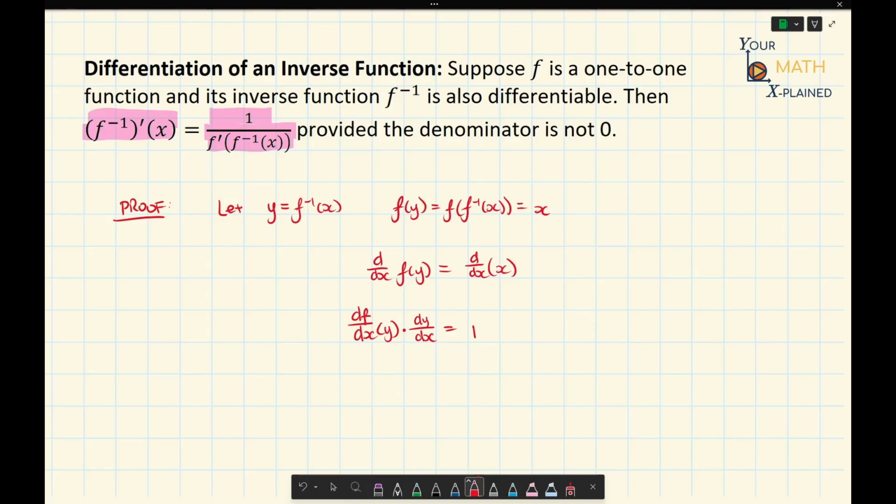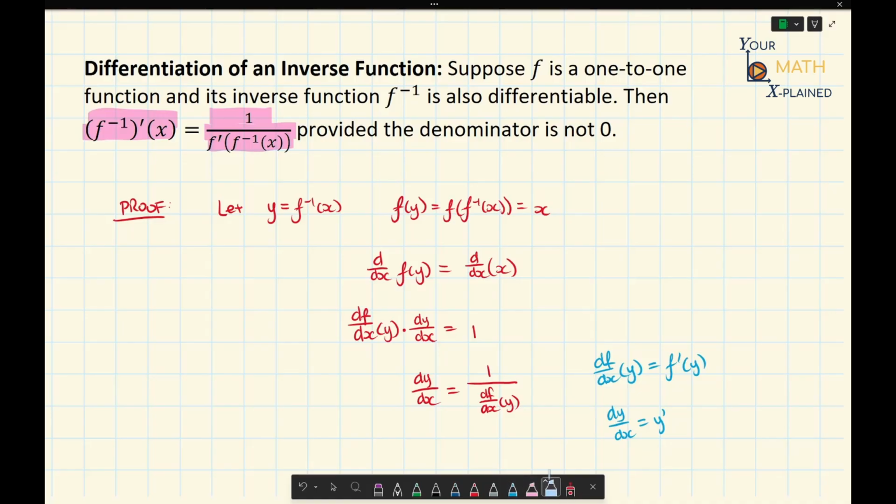And then isolating dy dx is going to give us dy dx is equal to 1 over df dx of y. Now notice that df dx of y, this is just f prime of y. And that dy dx is just y prime.